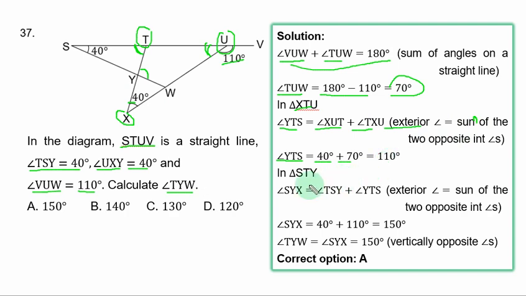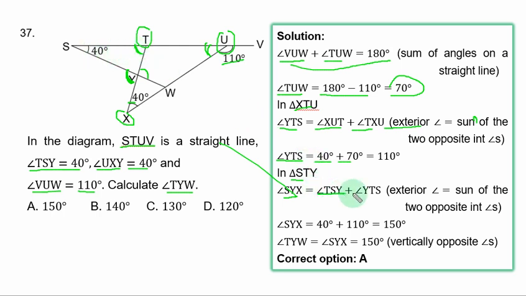Alright, so let's continue. So we know angle YTS. Let's consider triangle STY. Let's get angle SYU, that is this angle now. This angle also is exterior to the sum of these two interior angles.